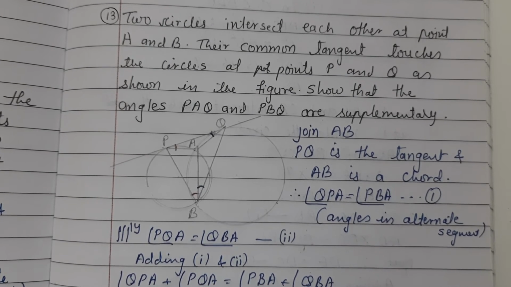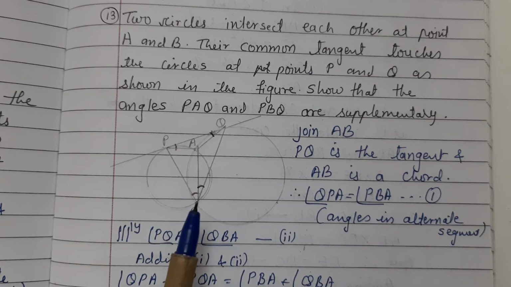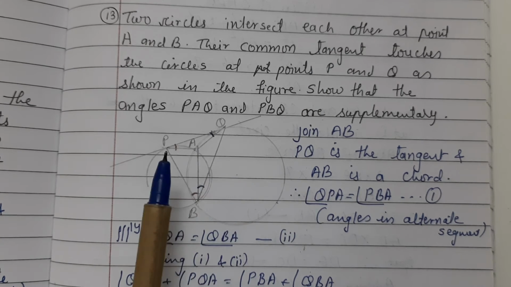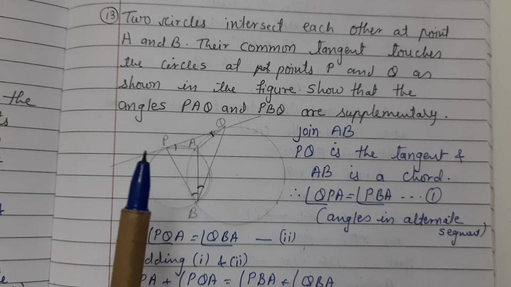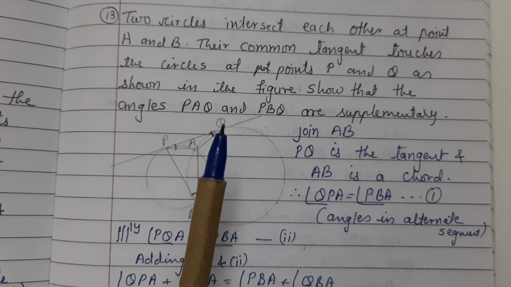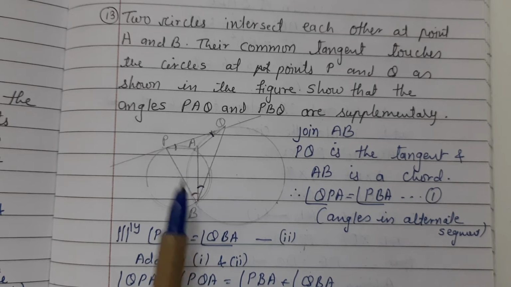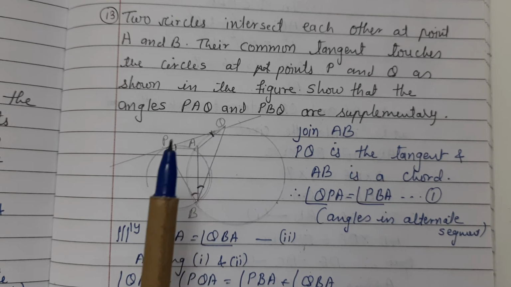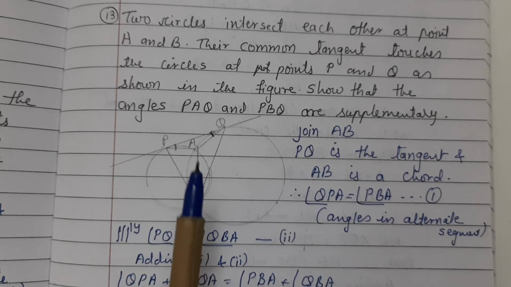Sum number 13. Two circles intersect each other at points A and B. The common tangent touches at points P and Q as shown in the figure. Show that angle PAQ and PBQ are supplementary. Join AB. PQ is a tangent and AB is a chord. Therefore, angle QPA is equal to angle PBA.